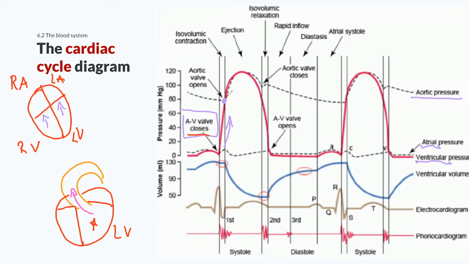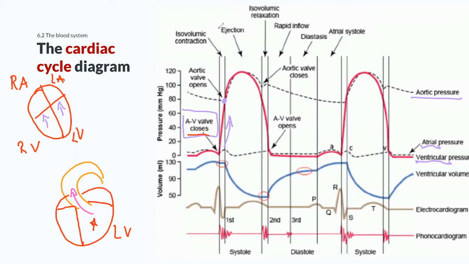That makes the volume of the aorta increase. You have a lot of blood all of a sudden inside this vessel. The pressure inside the aorta also increases. So this is the moment where the aortic valve opens, and then we have the simultaneous increase of the aortic pressure and the ventricular pressure.